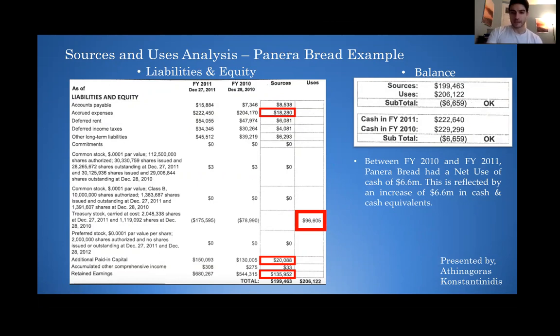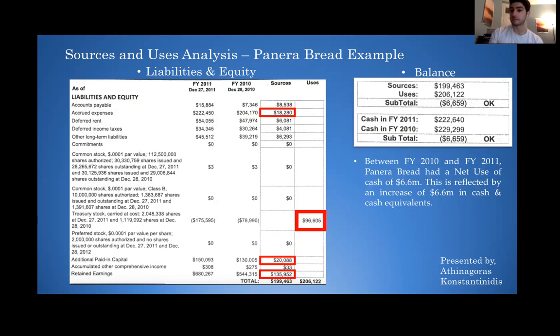And as you can see here, the sources and uses of cash don't balance in the end. That is because you are going to have either a net use or a net source at the end of the year, so either cash and cash equivalents will be increasing or decreasing. So basically you want the change in all the other items apart from cash and cash equivalents to equal the change in cash and cash equivalents.